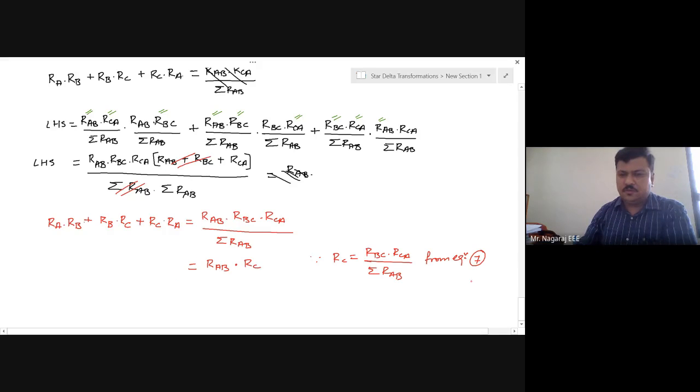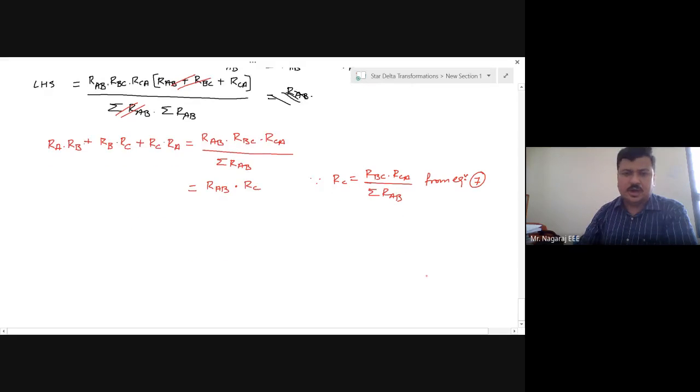So therefore RAB is equal to, I will take this RC on the other side, RA RB plus RB RC plus RC RA divided by RC.